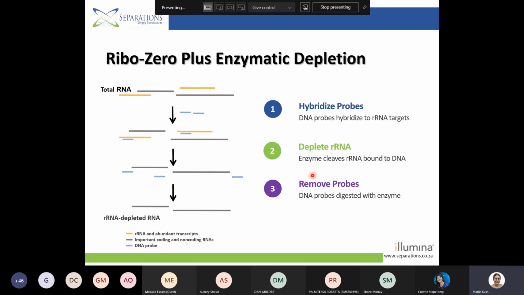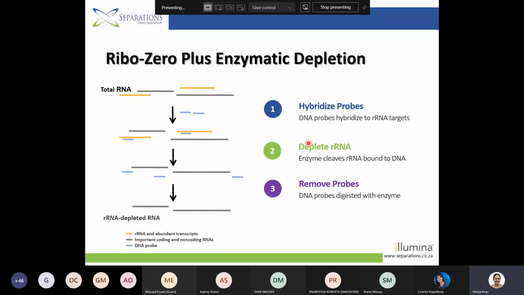And historically, Illumina had magnetic probes that would bind to our RNA, which we would pull out, right? But recently they came out with a simplified, more target-specific approach, where we have DNA probes which will hybridize to the specific rRNA targets.